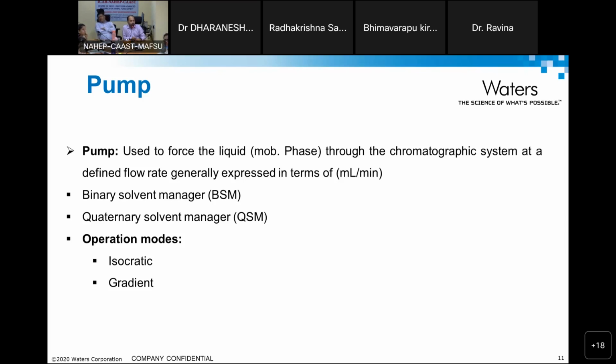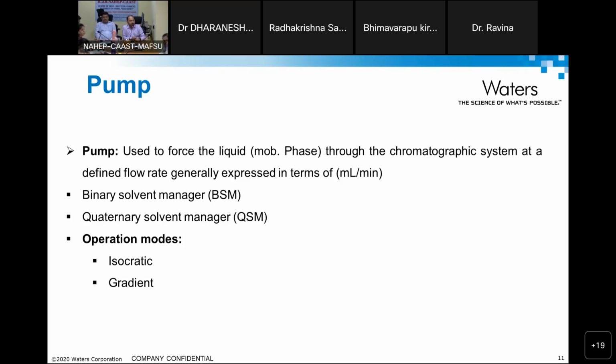The pump can be operated in two modes, isocratic mode and gradient elution. Isocratic mode is wherein you keep a fixed composition of the solvents. Suppose you have water in solvent line A and some organic solvent in solvent line B, and you keep a fixed composition of 70:30, so that 70:30 composition will be flown through the system at a given runtime.